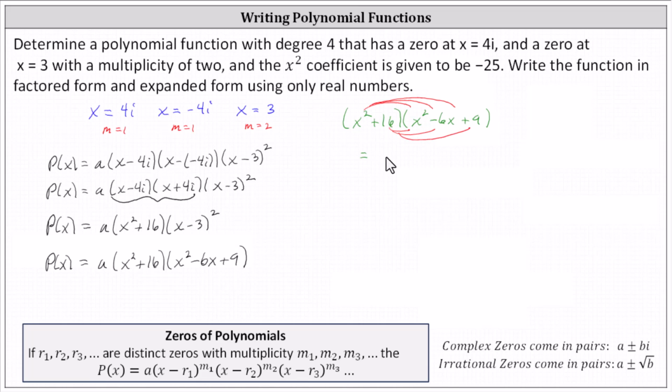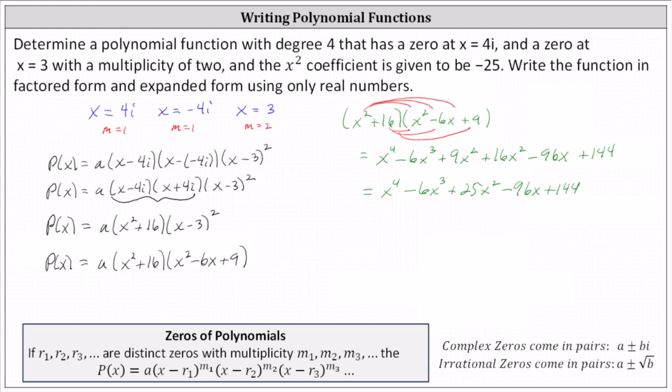X squared times x squared is x to the 4th. And then we have minus 6x cubed plus 9x squared. And now distributing 16, we have plus 16x squared minus 96x plus 144. Combining like terms, we have x to the 4th minus 6x cubed plus 25x squared minus 96x plus 144.